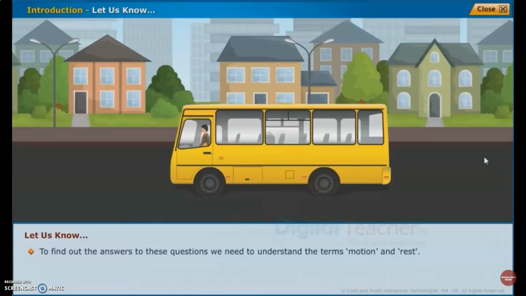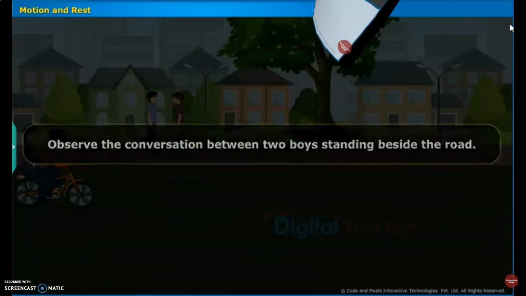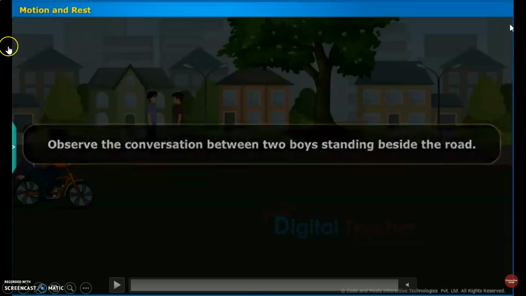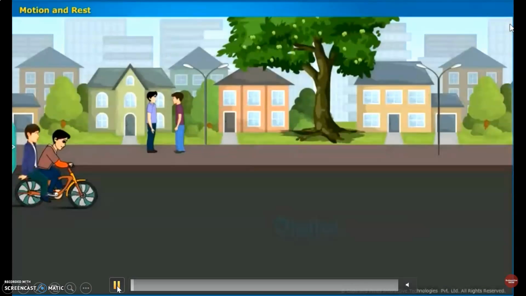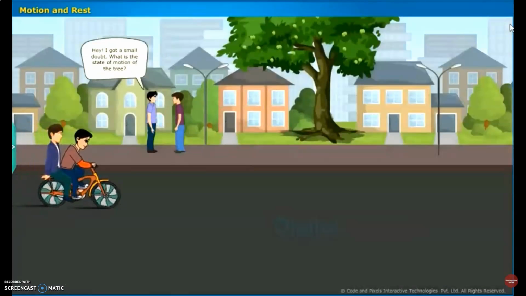To find out the answers to these questions, we need to understand the terms motion and rest. Observe the conversation between two boys standing beside the road. Hey, I have a small doubt.